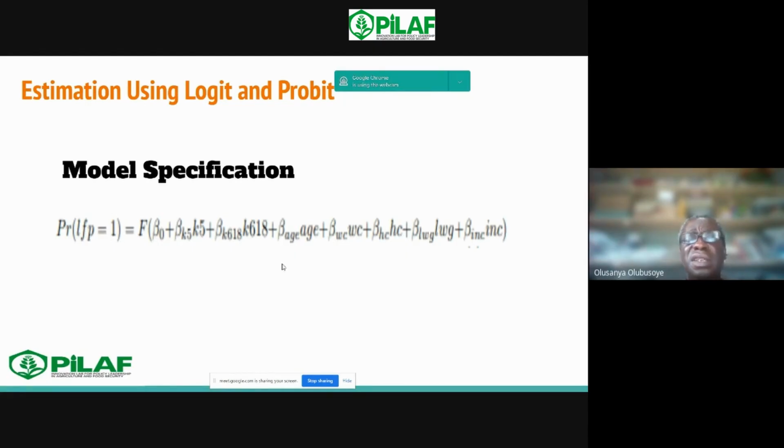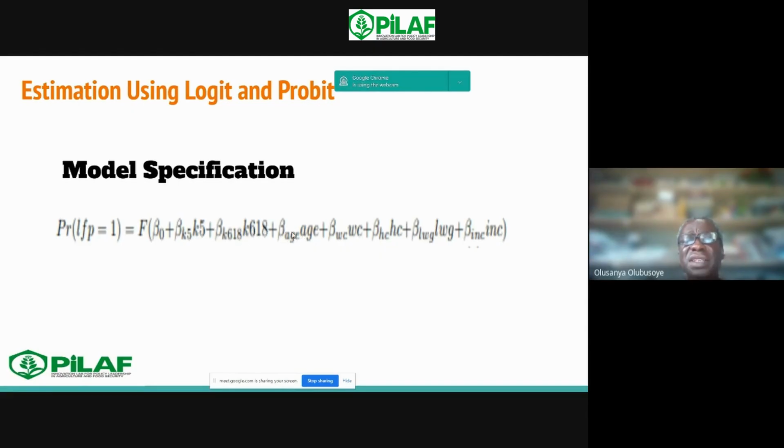This is a cumulative function of beta naught plus this K5, the number of children below 5 years, and this is the corresponding coefficient. This is the coefficient for the variable of number of children between 6 and 18.